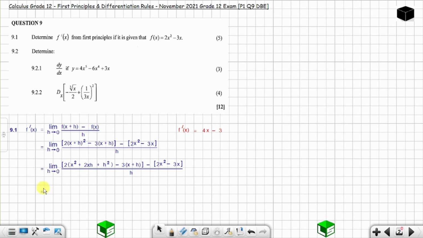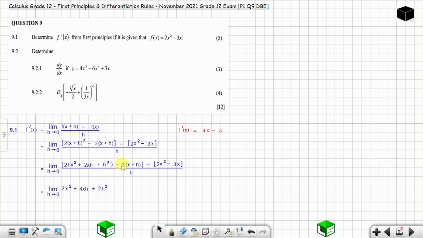Let's carry on. This is equal to the limit as h goes to 0. Now you have 2 times x squared, 2x squared. You have 2 times this, plus 4xh. You have 2 times this, plus 2h squared. Okay.